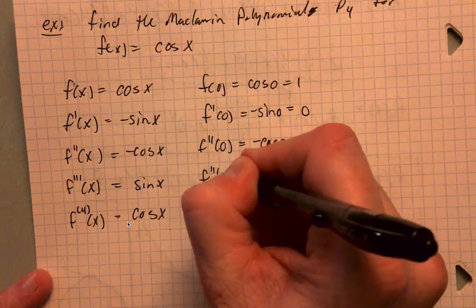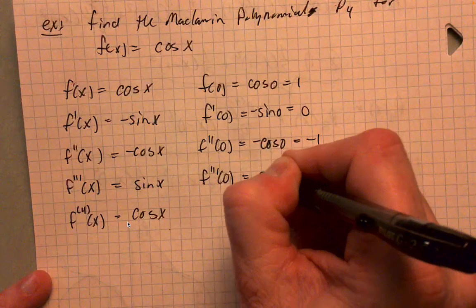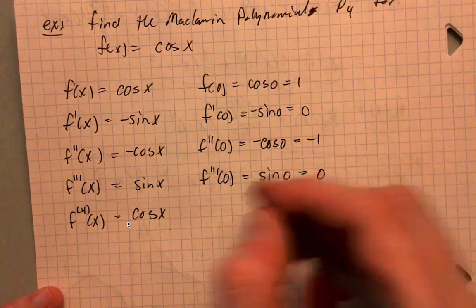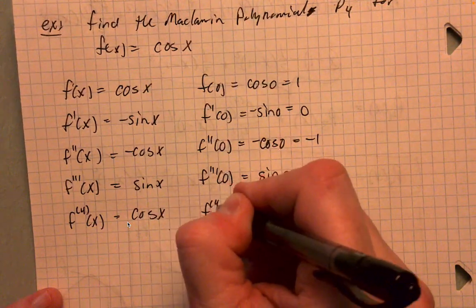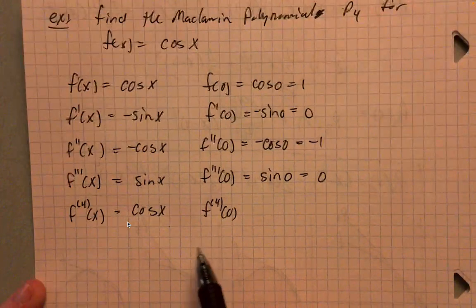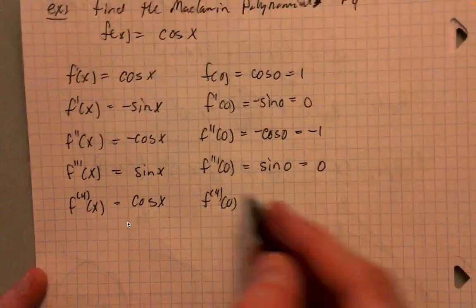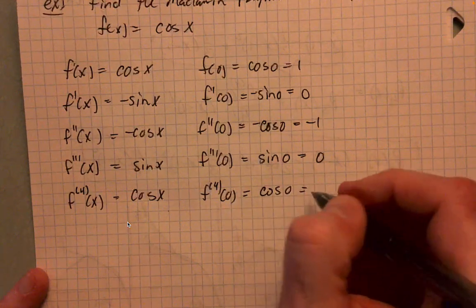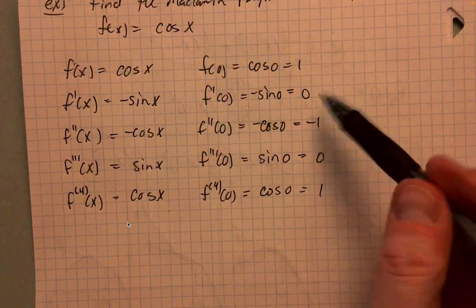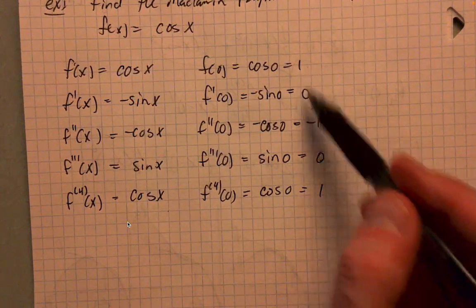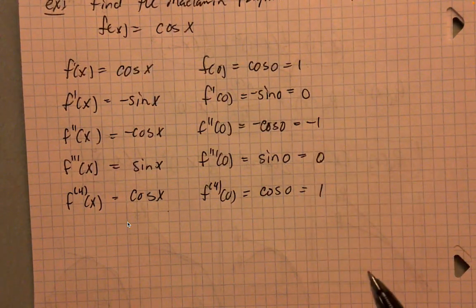F triple prime of 0 is equal to sine of 0, which is 0. The fourth derivative, evaluated at 0, is equal to the cosine of 0, which is 1, right? So your pattern is 1, 0, negative 1, 0, 1, 0, negative 1, 0. It's just going to repeat.